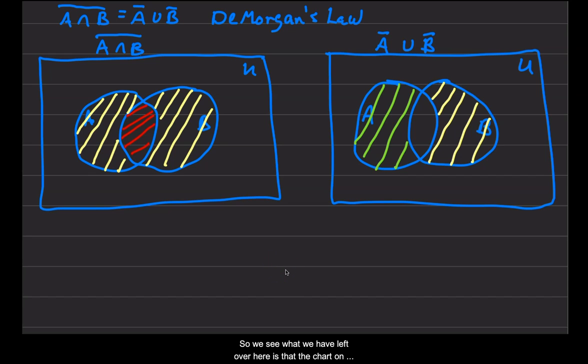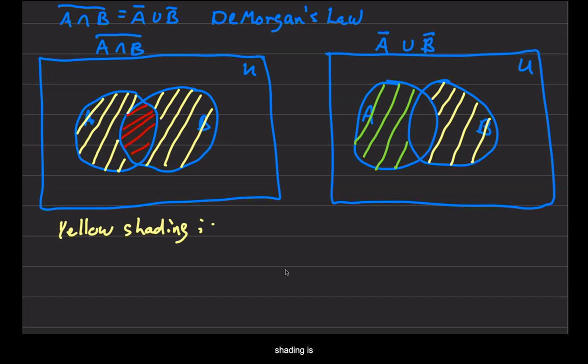So we see what we have left over here is that the chart on the left is the same as the chart on the right. If I put my legend out here, the yellow shading is A intersect B's complement.